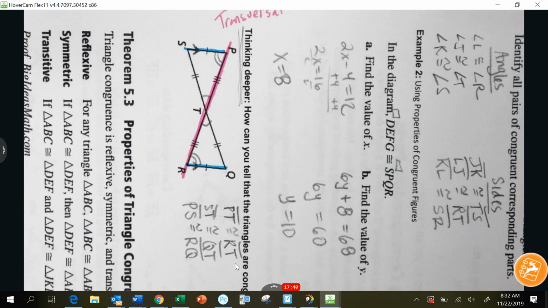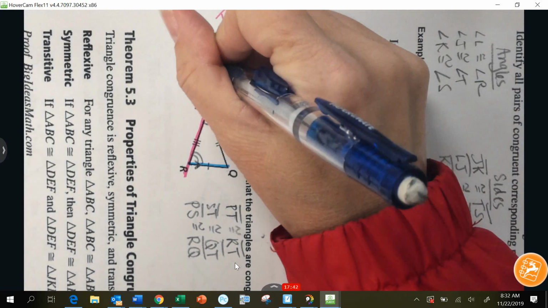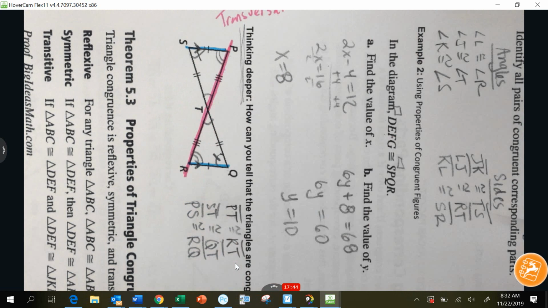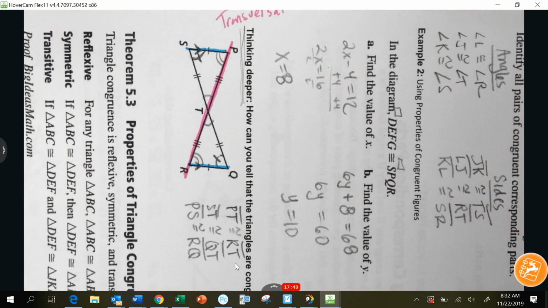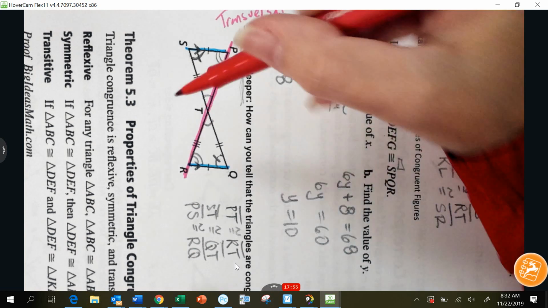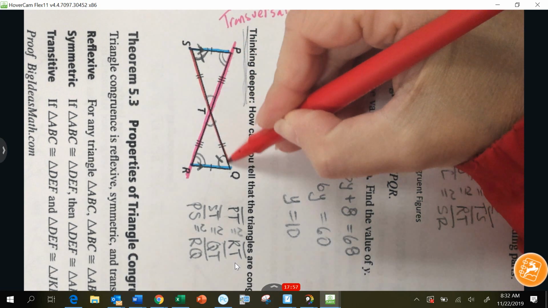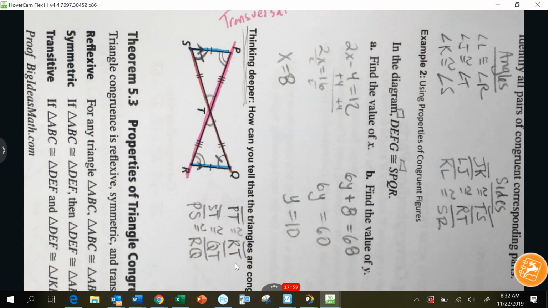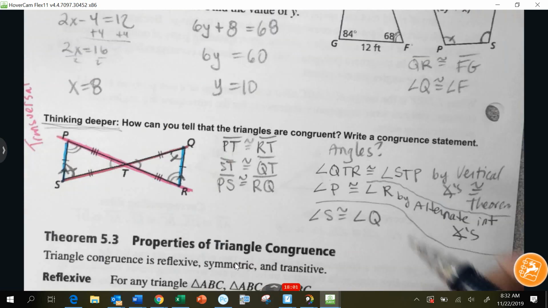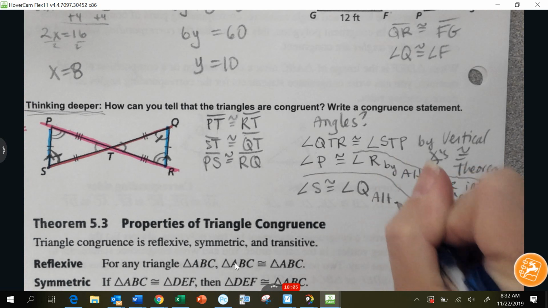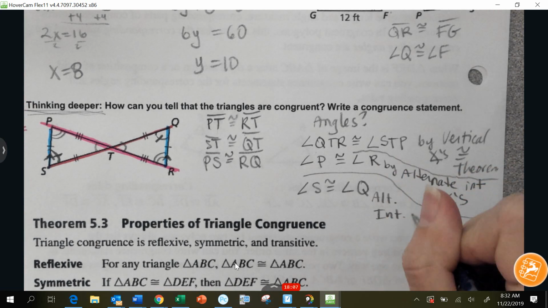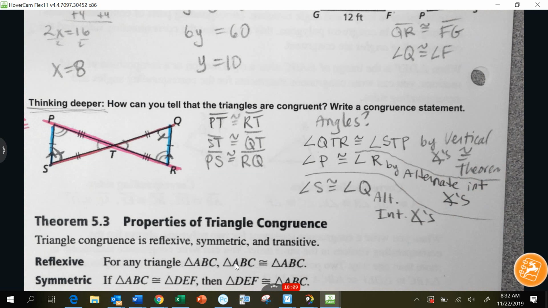Why would S and Q be congruent? John? It is alternate interior angles again. They just have a different transversal. Alternate interior angles theorem. There you go.